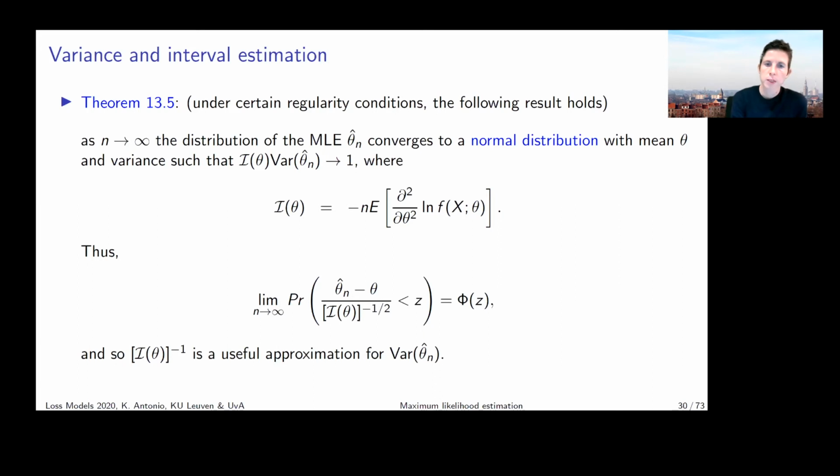And I also know that asymptotically, so if I take the limit for n going to infinity, my maximum likelihood estimator will follow a normal distribution with this variance captured by the inverse of the Fisher information matrix. Yeah. So for us, the result at the bottom is important. By inverting the Fisher information matrix, we get this useful approximation for what the variance will be of our maximum likelihood estimator.